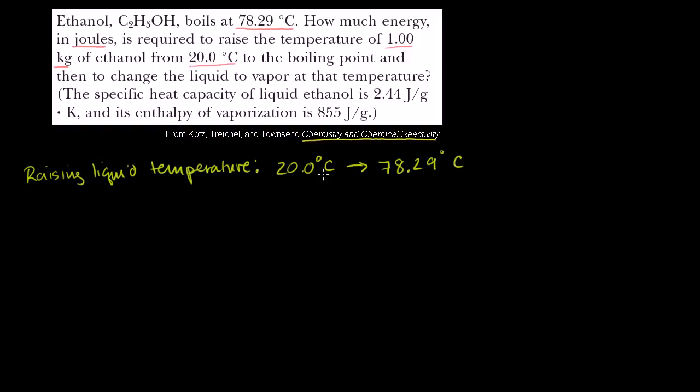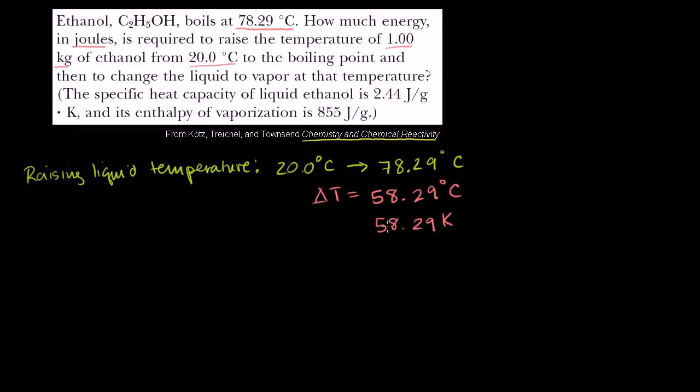So how much did we raise it? Well, 78.29 minus 20 is 58.29. So our change in temperature is equal to 58.29 degrees Celsius.